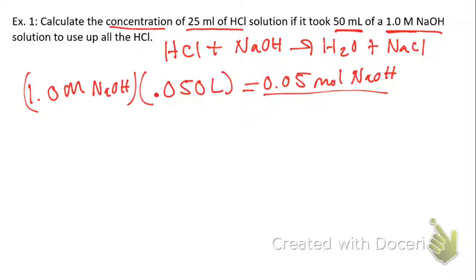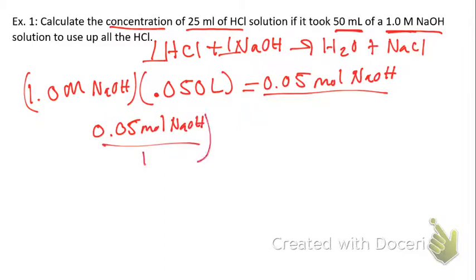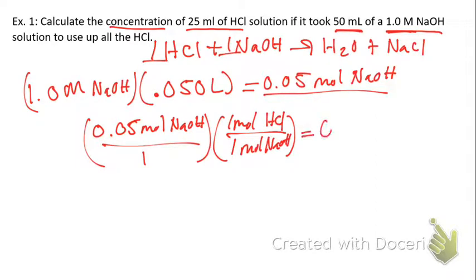Since the stoichiometric ratio between the sodium hydroxide and the HCl is 1-to-1, and we're using up all of the moles of base, which is equal to the moles of acid, we can say that the 0.05 moles of sodium hydroxide over 1, times the stoichiometric mole ratio, 1 mole of HCl to 1 mole of sodium hydroxide, tells us then we have 0.05 moles of hydrochloric acid.